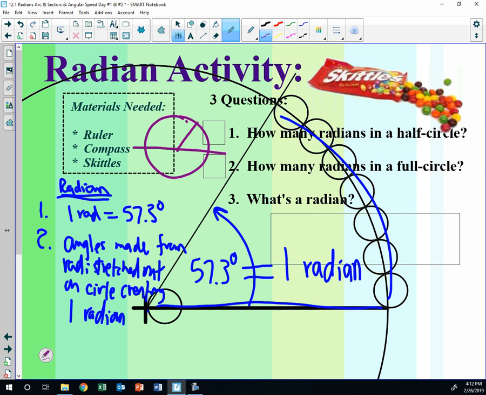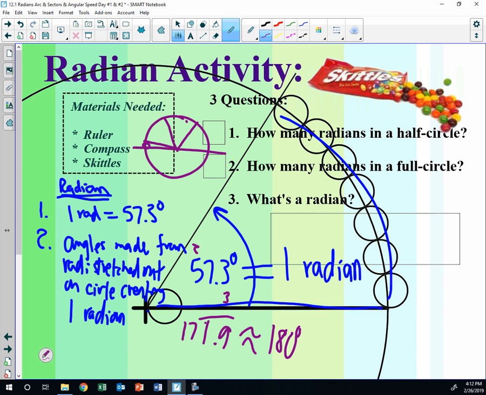57.3, the next one will be 114.6, and then the next one will be whatever that is times 3, 171.9. Well, 171.9 is really irritating because it's almost 180, but it's not quite.